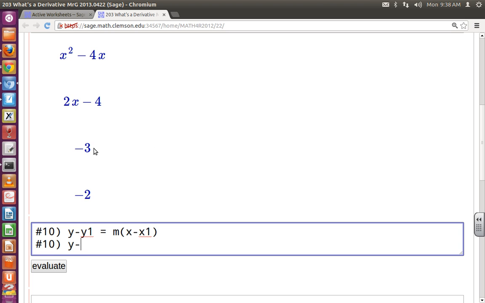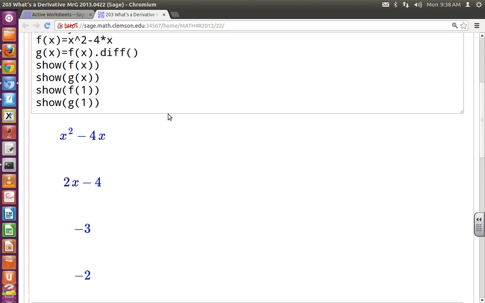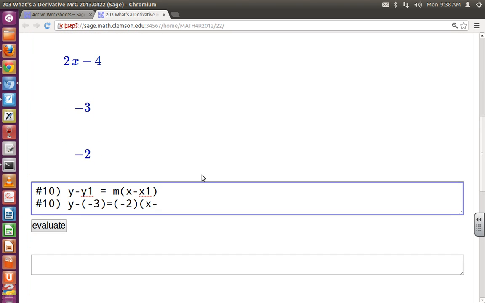You tell me. -3 is the y1 and -2 is the slope. So let's write that. Here's your y1, -3. Here's your slope, -2. And what's your x1? What was the x value we plugged in? 1, right? So there you go. That's the equation of my line.